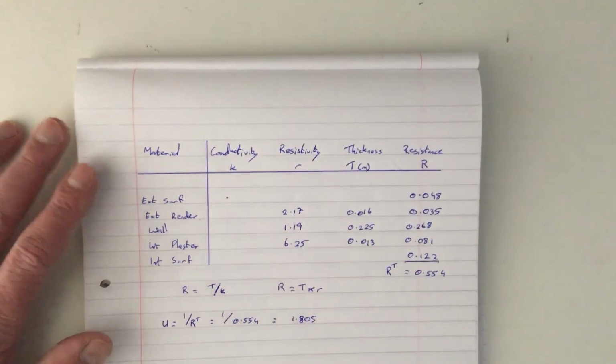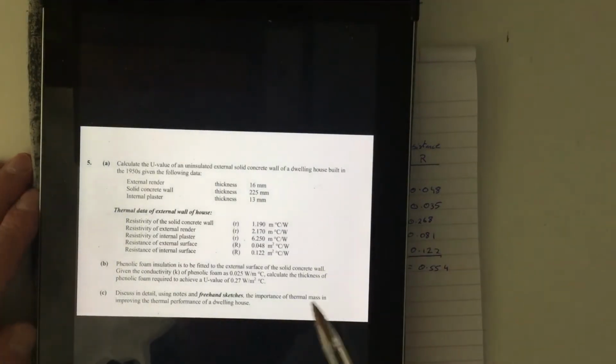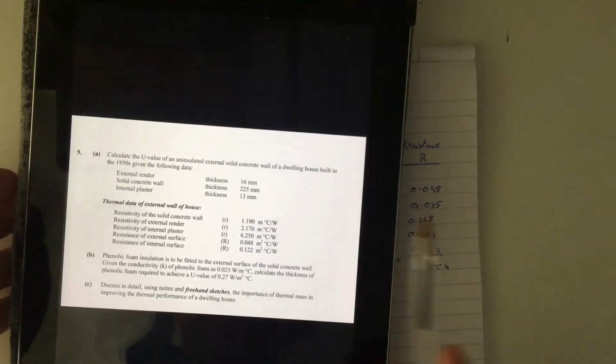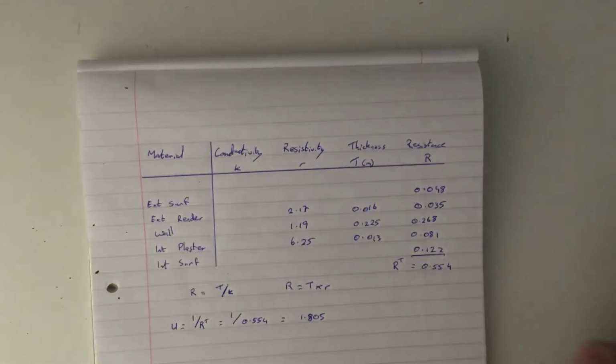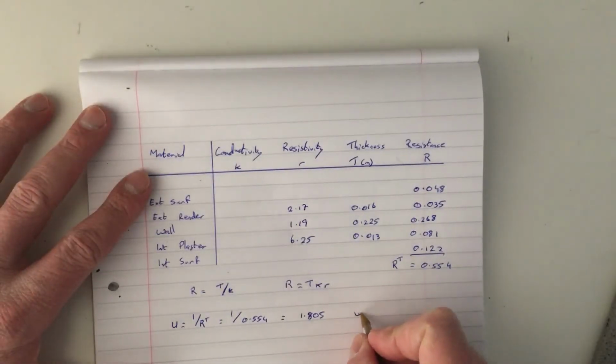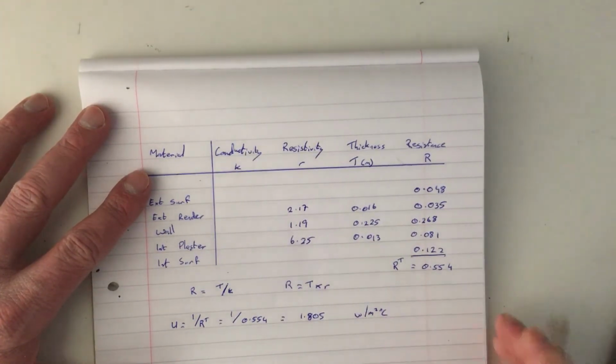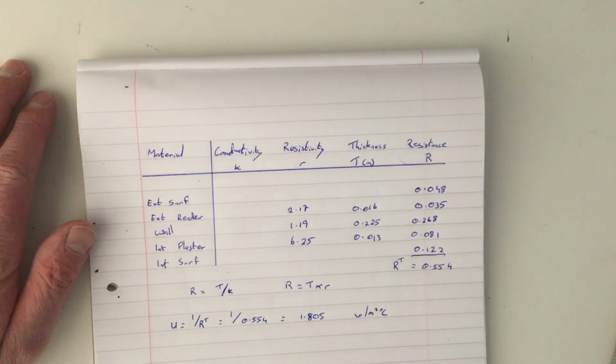And then, a handy way of looking at this, if my resistance is meters squared degrees Celsius per watt, the opposite is, if you flip that around, to get my U value, it is watts per meters squared degrees Celsius or Kelvin, whichever way the question asks for.